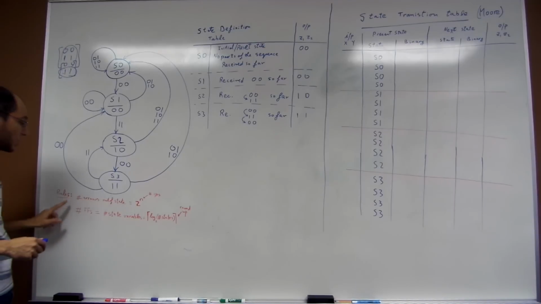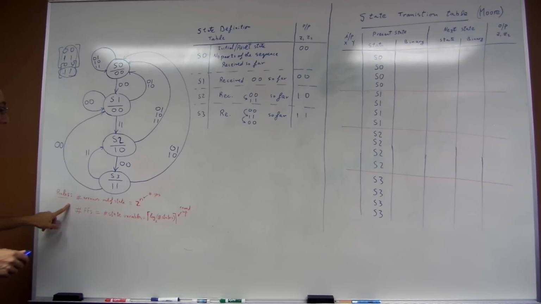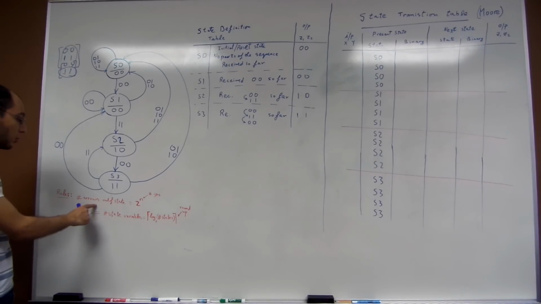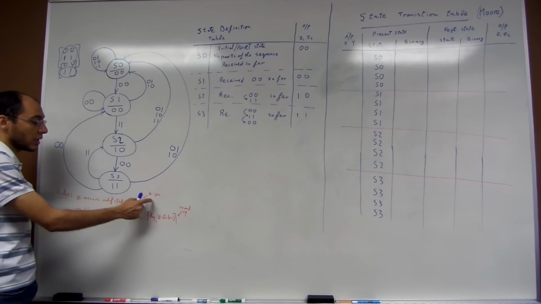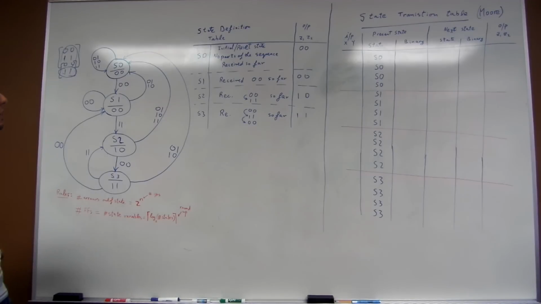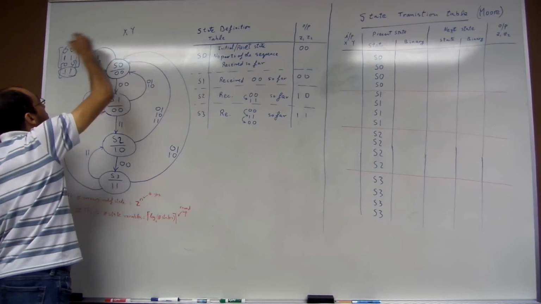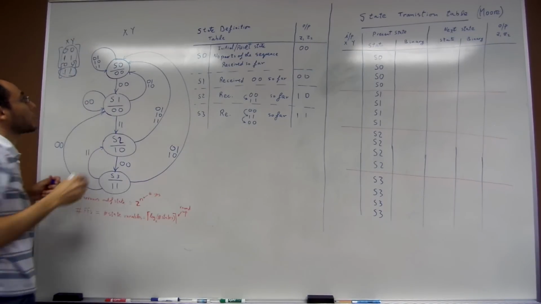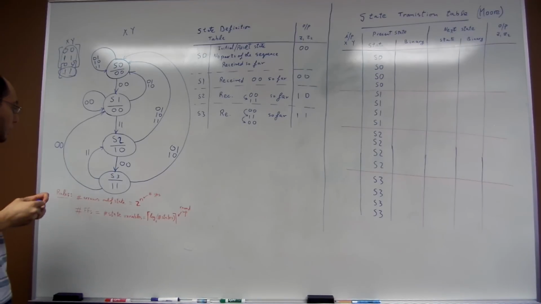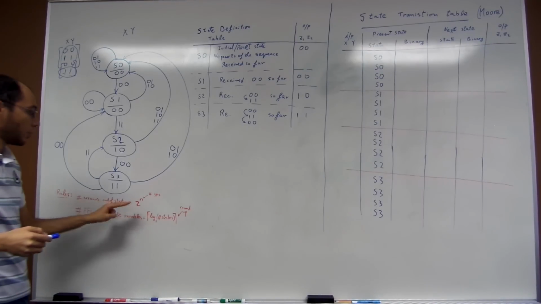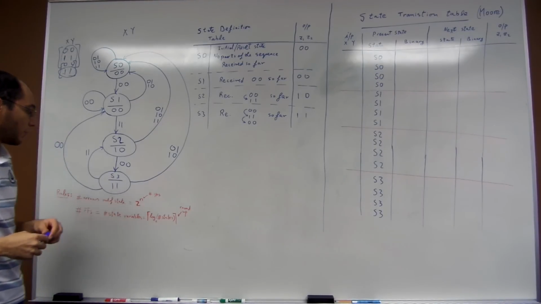Remember that these two rules we're going to make use of always, whether it's a Moore or a Mealy machine. The first one is that the number of arrows out of each state is 2 to the n, where n is the number of inputs to the system. Here the system has two inputs, x and y. x could be 0 or 1, y could be 0 or 1, so two possibilities to the power of the number of inputs.